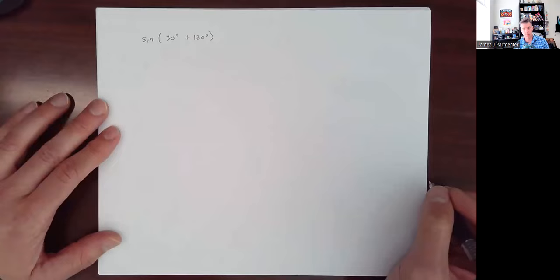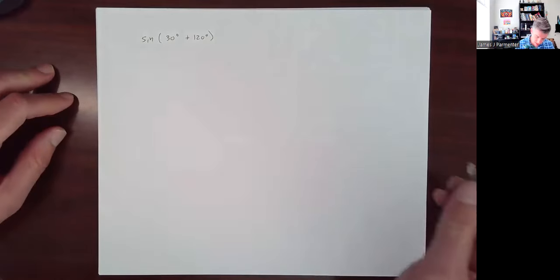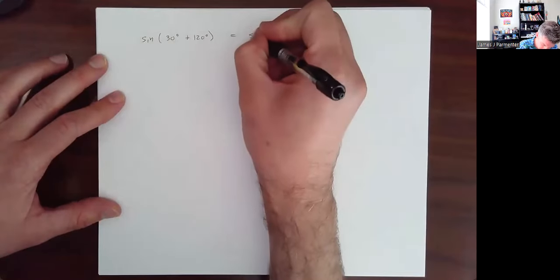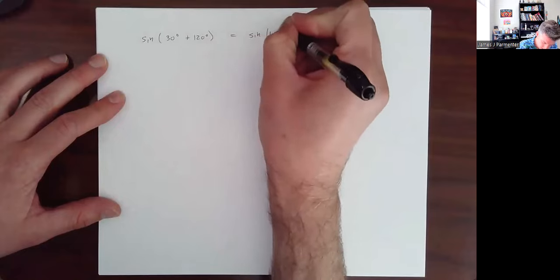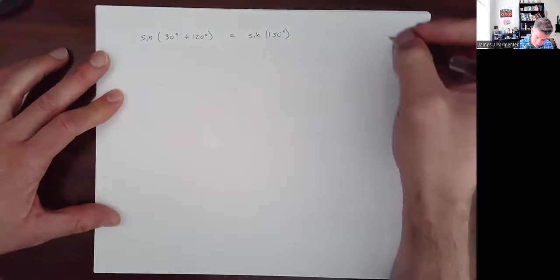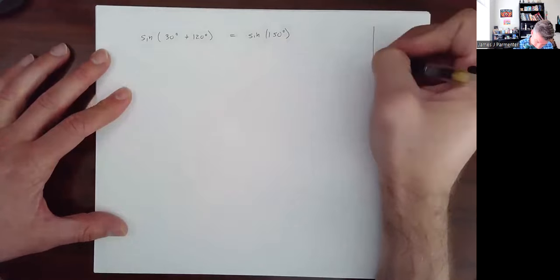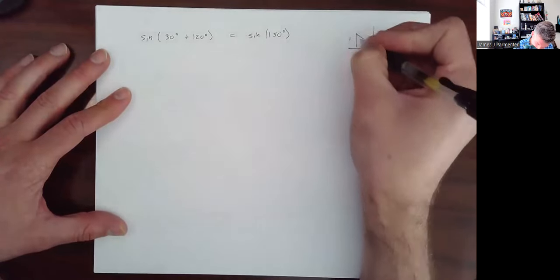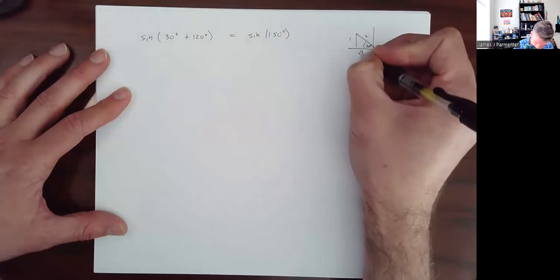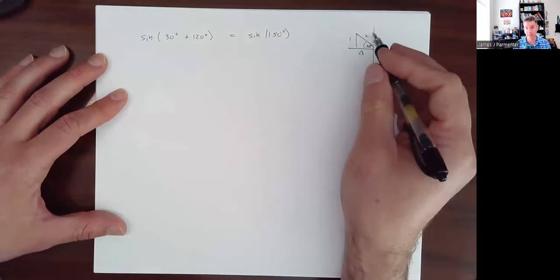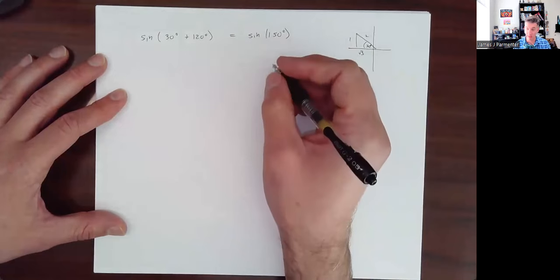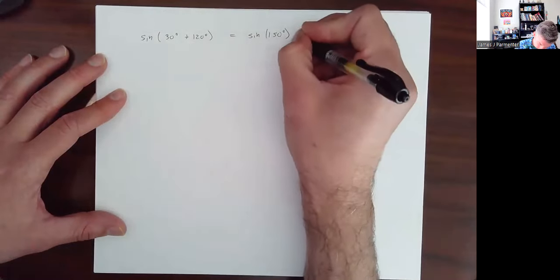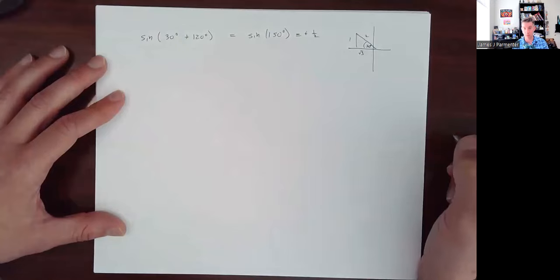We could do this the normal way and say that's equal to sine of 150 degrees. I'm in quadrant 2, my reference angle is 30. For 30 degrees, the opposite is 1, the hypotenuse is 2, the adjacent is √3. Sine of 30 is 1/2, so sine of 150 is positive 1/2 because sine is still positive in the second quadrant.